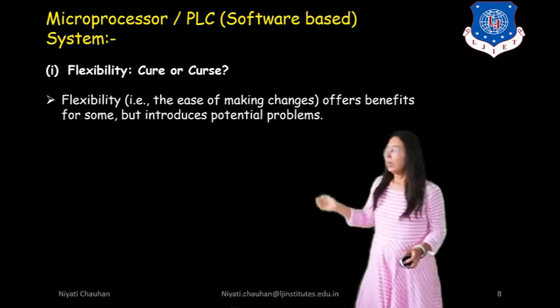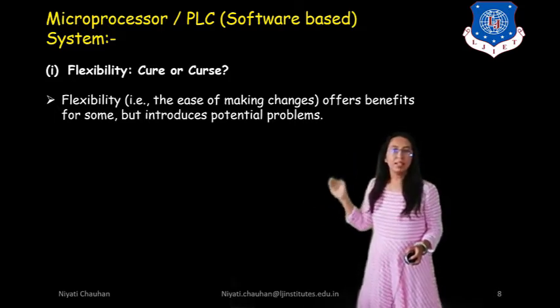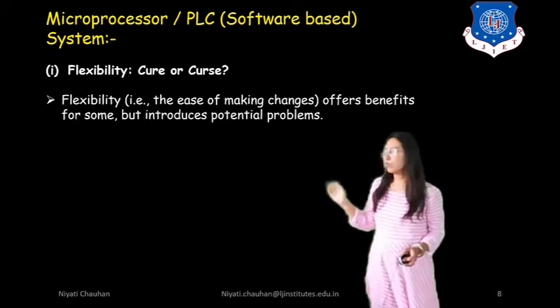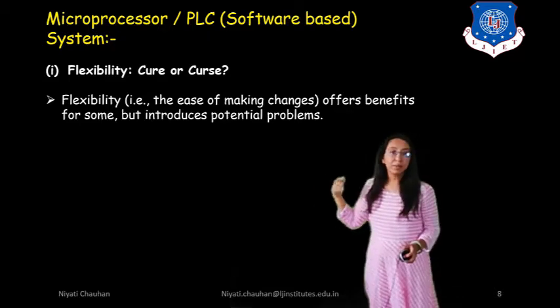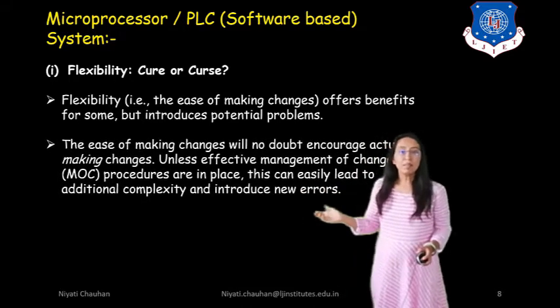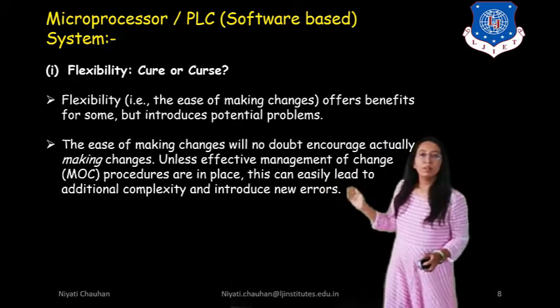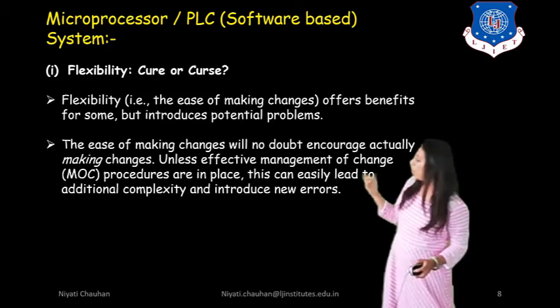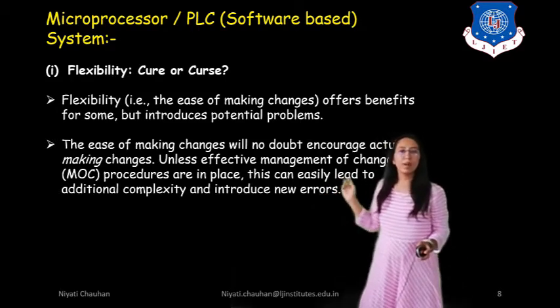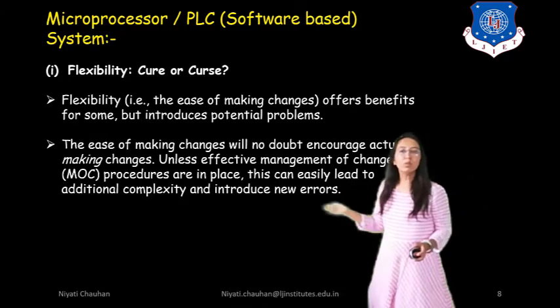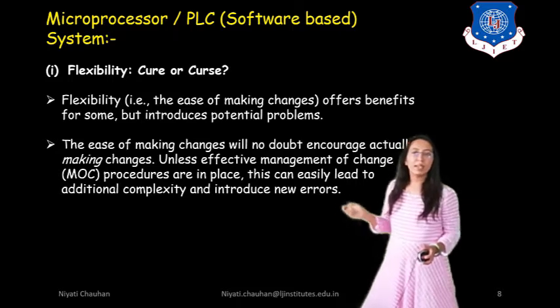Flexibility, that is the ease of making changes, offers benefits for some but introduces potential problems. The ease of making changes will no doubt encourage actually making changes unless effective management of change, that is MOC, procedures are in place.